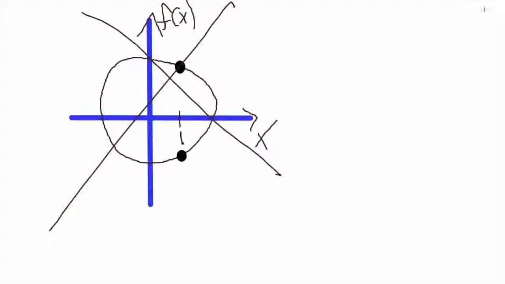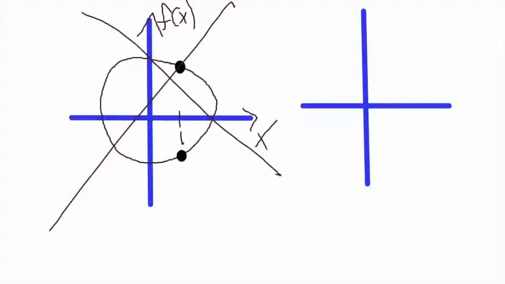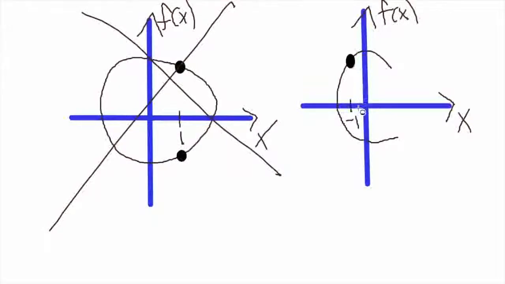Okay, let's do another example. What about if I had a graph that looked like the letter C? Okay, and let's pick a point here. This time let's pick one on the other side, at minus 1. Okay, you'd have the same problem. Do you pick the height above or the height below?